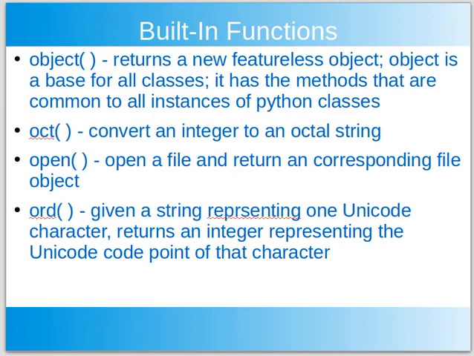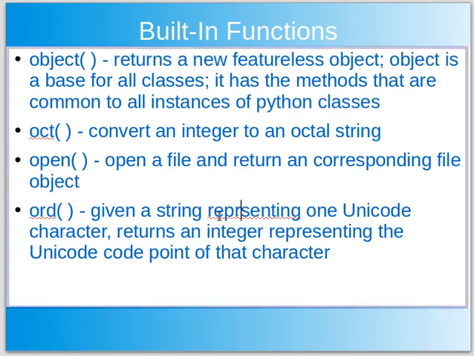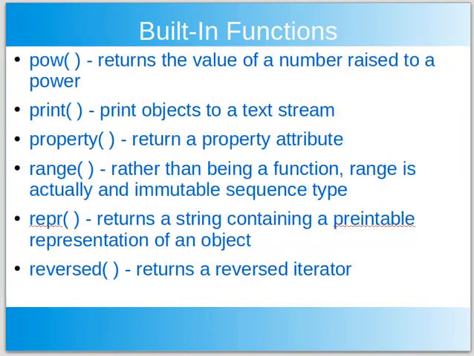Ord, given a string representing one Unicode character, returns an integer representing the Unicode code point of that character. So basically, you pass it a Unicode character, and it will return you a number representing that one Unicode character. Pow returns the value of a number raised to a power. Print prints objects to a text stream. Property returns a property attribute.